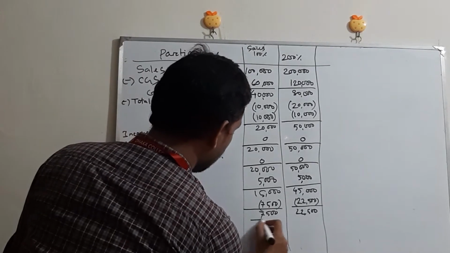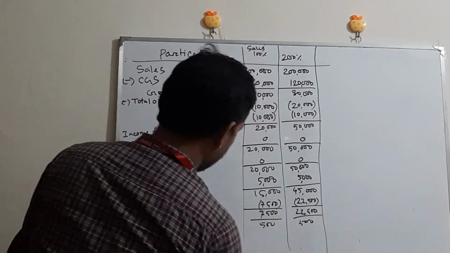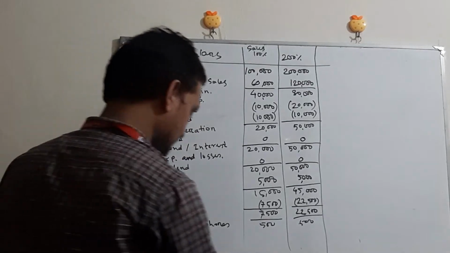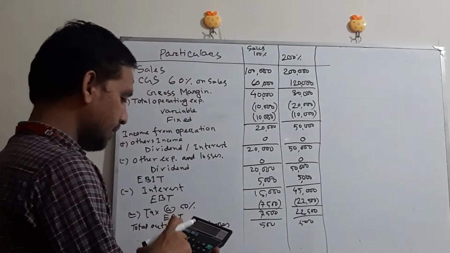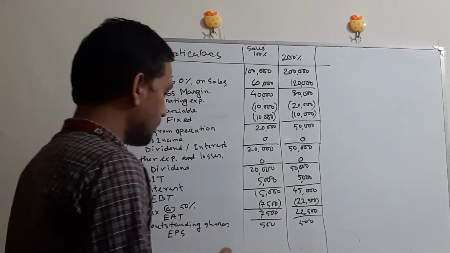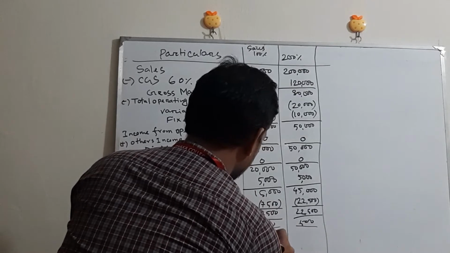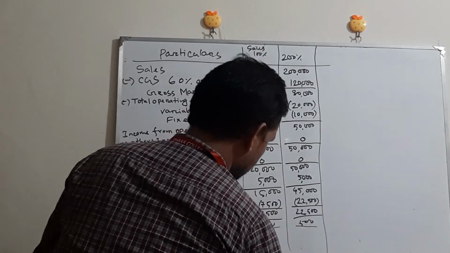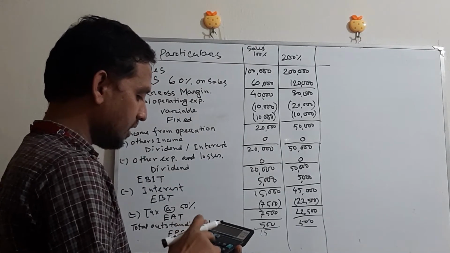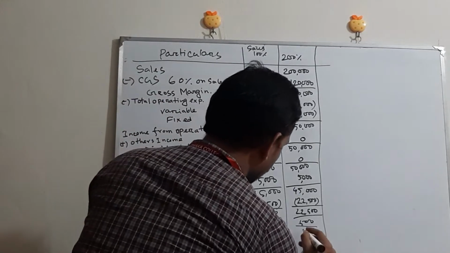Here total outstanding shares is 500. Then EPS is 7,500 divided by 500, which is 15 taka. Then the second one is 22,500 taka divided by 500, which is 45 taka.